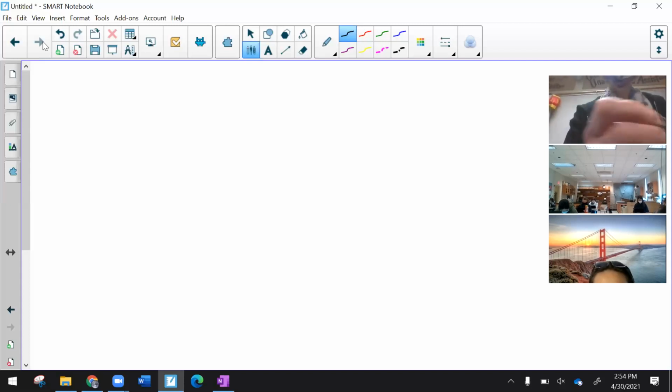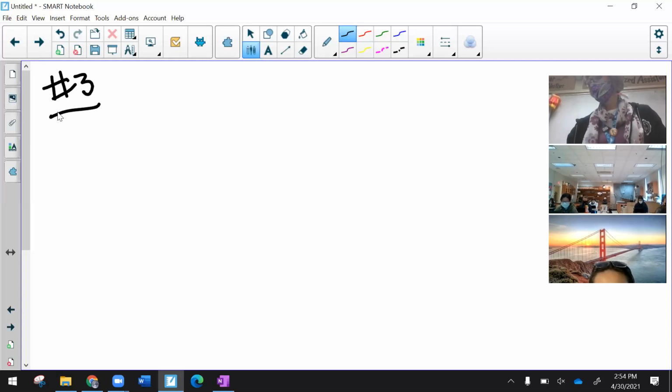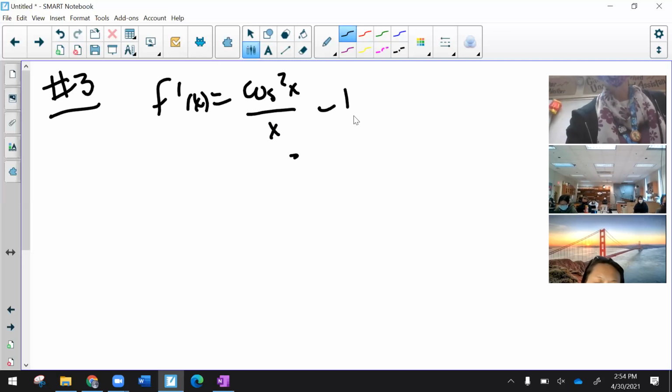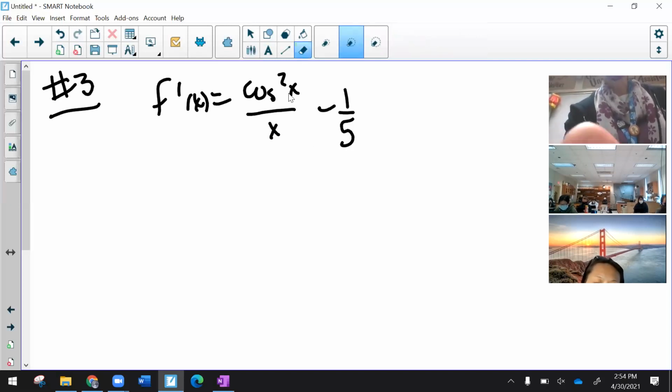Sure. So number 3 is the same for both AB and BC. It says the first derivative of a function f is given by f prime of x equals cosine squared x over x minus a fifth.